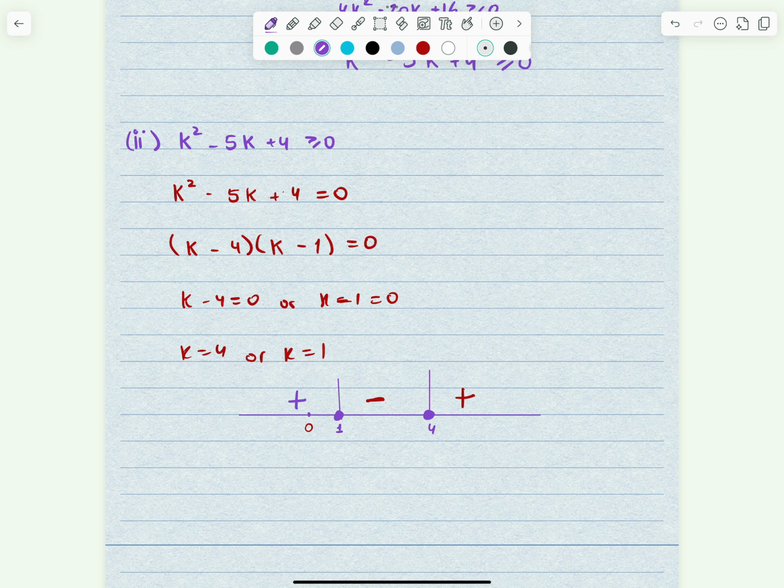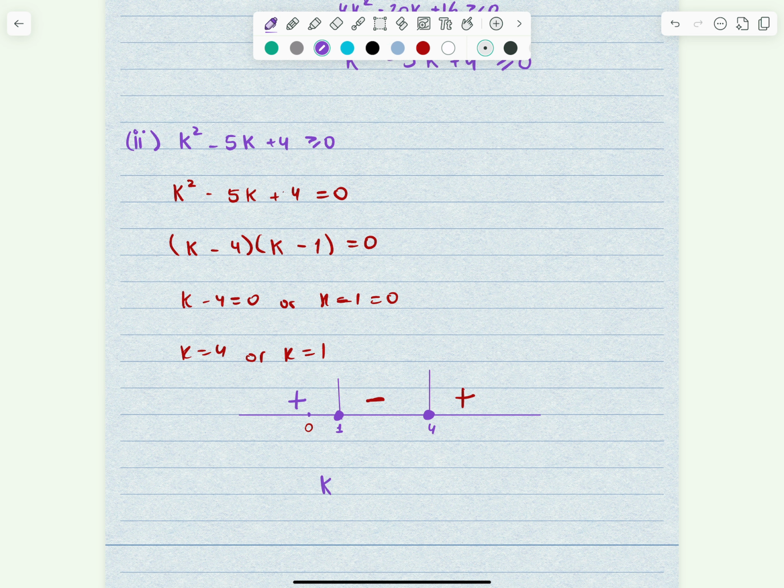So what we found is that this inequality will be positive whenever k is less than 1 or k is greater than 4.